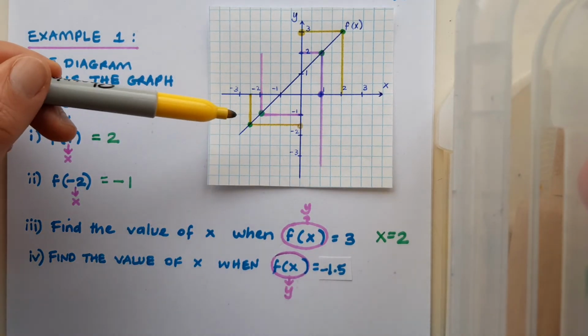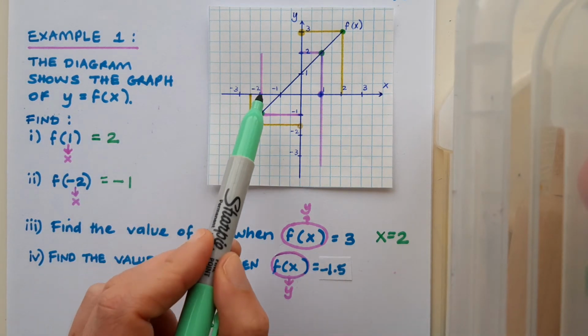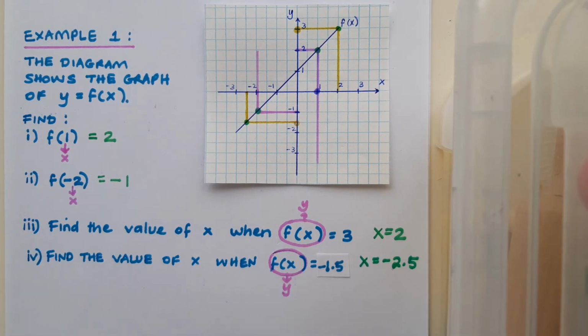I draw my line to the x-axis and I read my result, and read it as accurately as you can. Make sure, obviously, to use a ruler when you're drawing all these lines on your diagram. My solution in this case is the value minus 2.5. So I should write my answer as x equals minus 2.5.